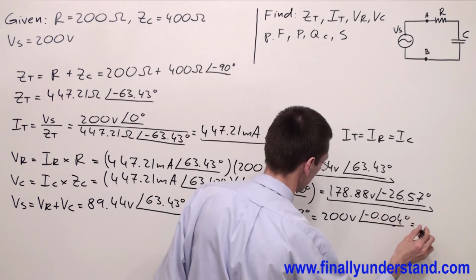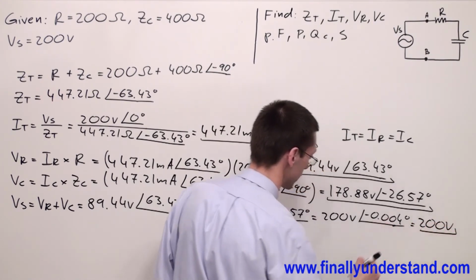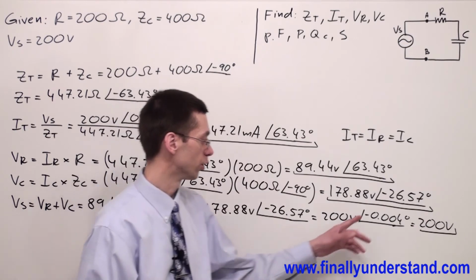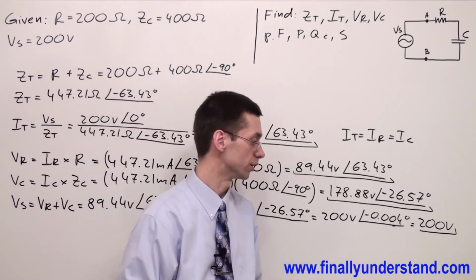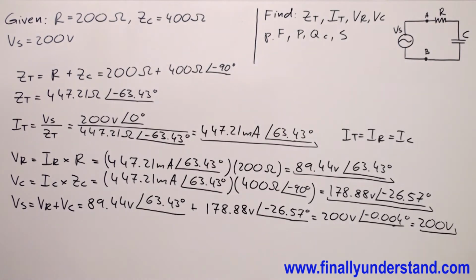So I can say this is 200 volts because this angle is so small. That's why I'm going to consider this as zero.